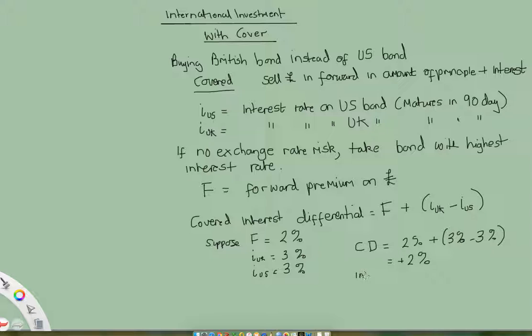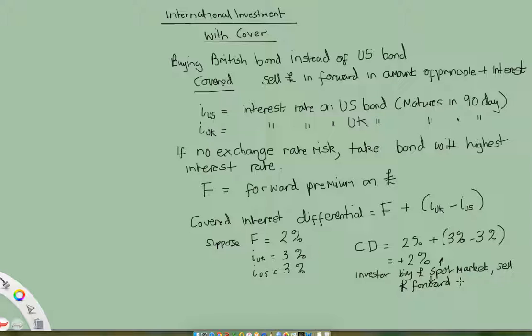So investors buy the pound in the spot market because you want to buy British bonds. You've got to buy the pound first, and then you sell the pound forward. That's what everyone's doing. And by doing that, if you're buying the pound, you're pushing up the spot price and you're pushing down the forward price.